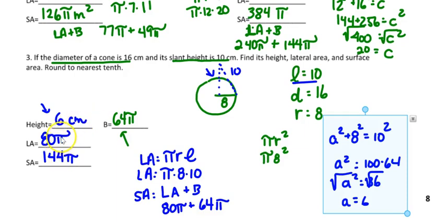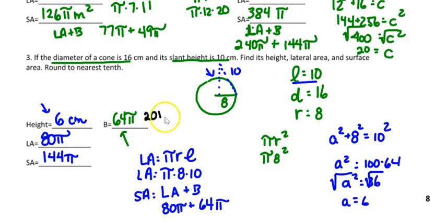Okay, from there, it does say round to the nearest tenth, so I don't want to mess up there. We're going to go back and just plug all these into the calculator. So the base winds up being 201.1 centimeters squared.